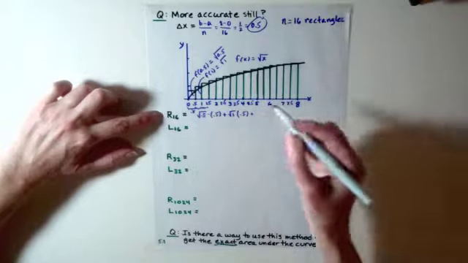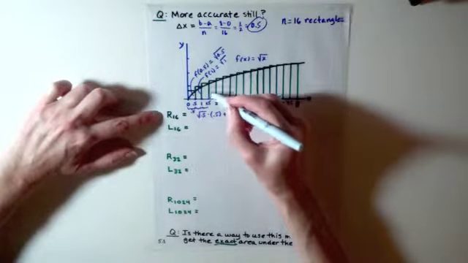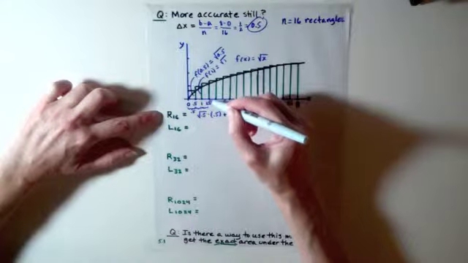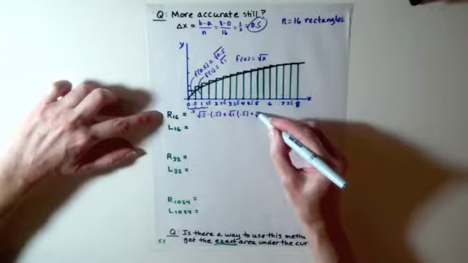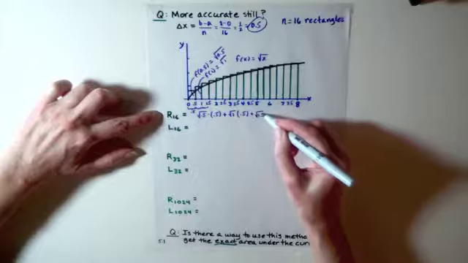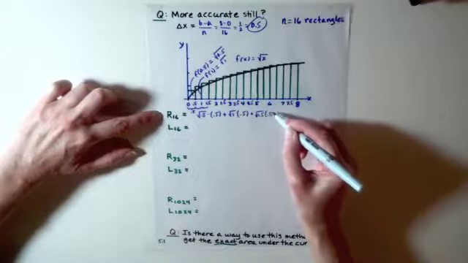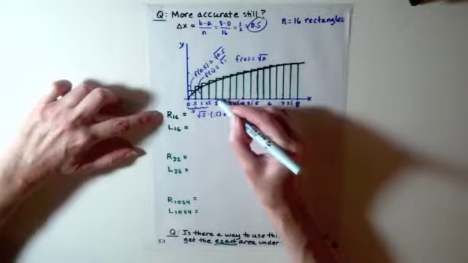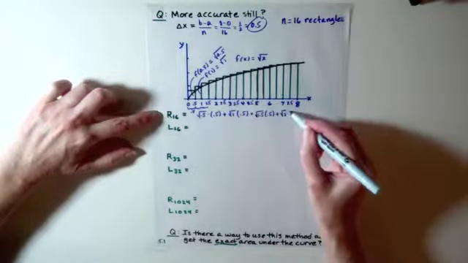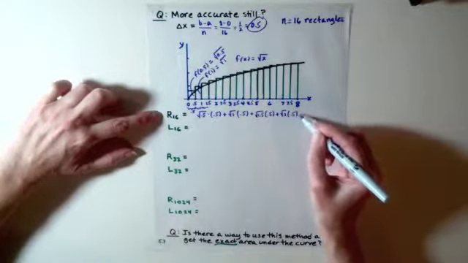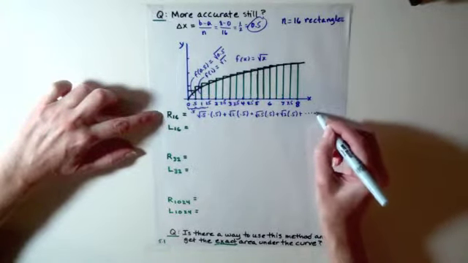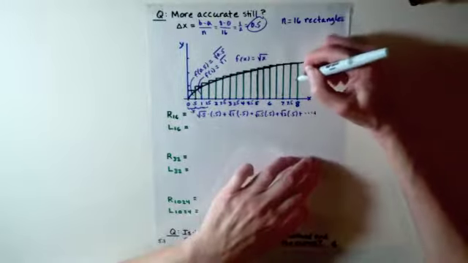The third rectangle, I think we can start to see the pattern, is going to be the height at this right endpoint, so that's going to be at 1.5, so I'll have square root of 1.5 times its width of 0.5. The next one will be square root of 2, that's the next subinterval value I have there, times 0.5, and so on. And I keep adding all of these up until I get to the very last rectangle.